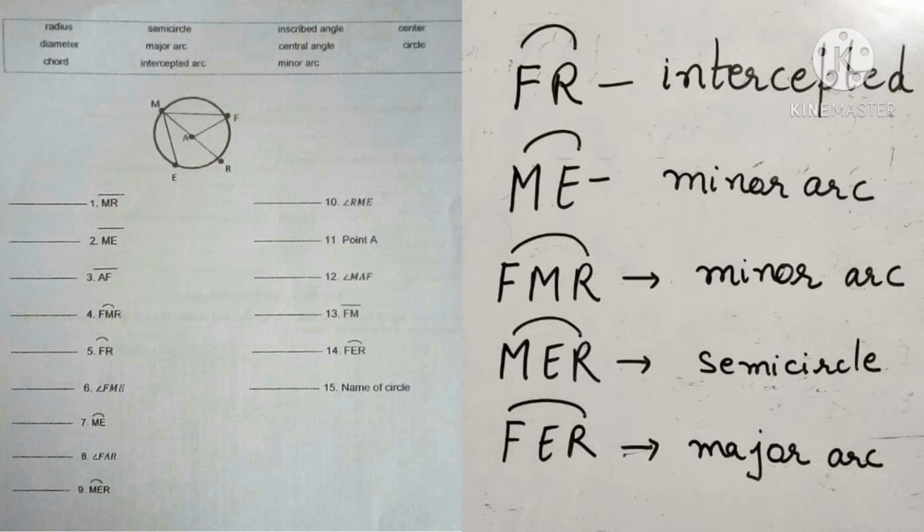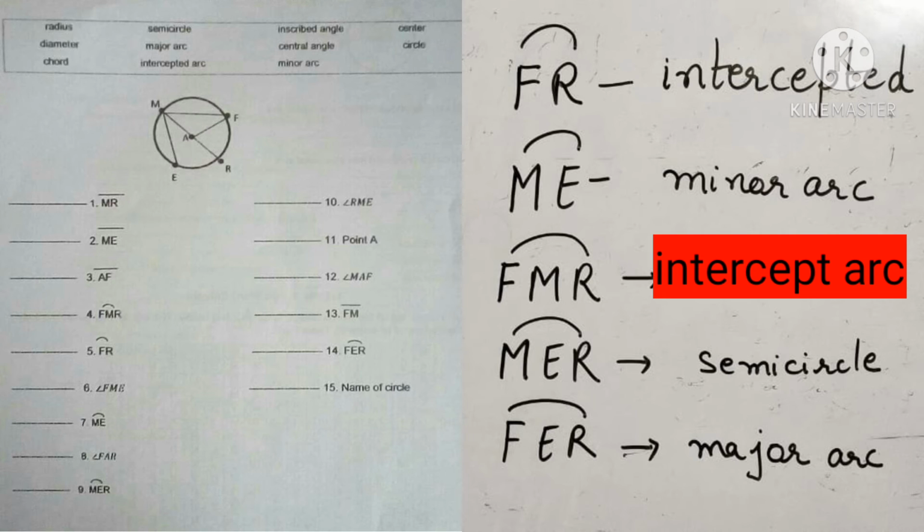If the arc is made between 2 points and it constitutes a smaller part of the circle, then it is the minor arc. And if it constitutes a greater part of the circle, then it is a major arc. As you can see in the case of arc ME and the last one, arc FER. In FER, it constitutes the major portion of the circle, and in the case of arc ME, it constitutes a minor part of the circle. So ME is the minor arc and FER is a major arc.